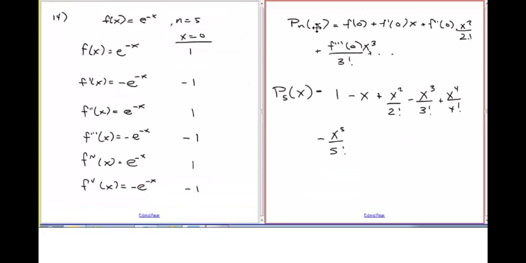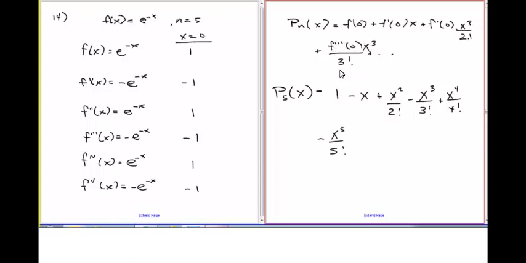So the nth polynomial, which is the approximation to this function around, in this case, x equals 0, is f of 0 plus f prime of 0 times x plus f double prime of 0 times x squared over 2 factorial plus f triple prime of 0 times x cubed over 3 factorial.